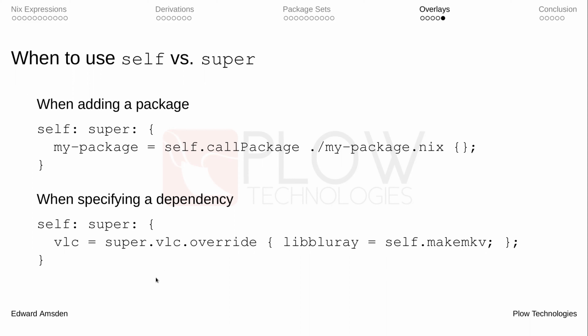I'm getting that original VLC attribute from super so that this definition is not self-referential. If I got it from self, I would be saying VLC equals VLC with an extra function applied, but there'd be no basis to the recursion.